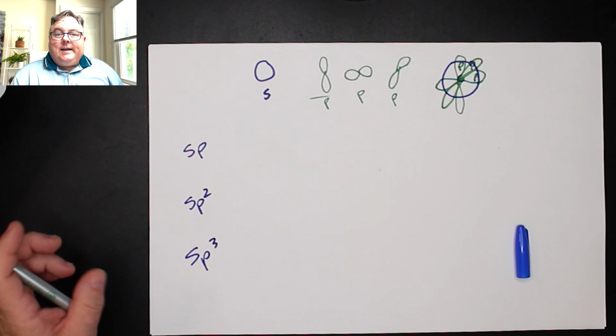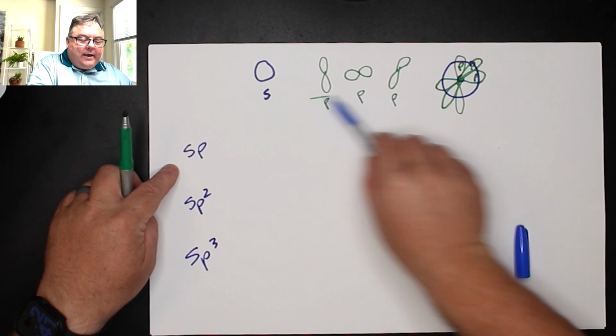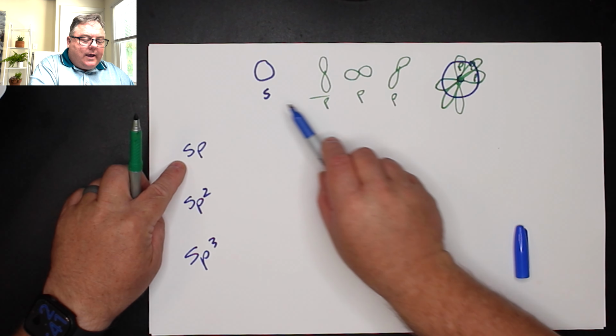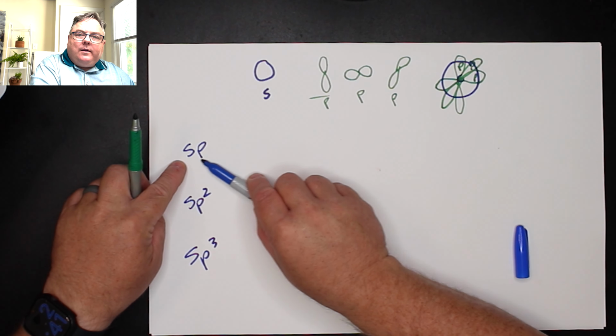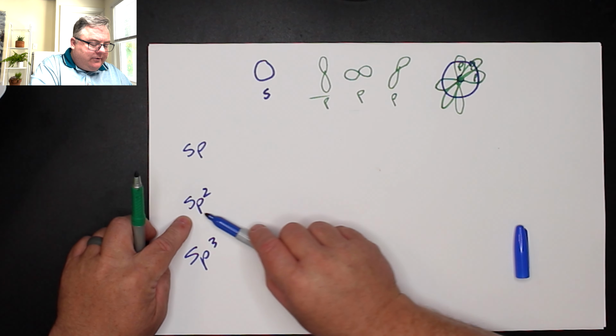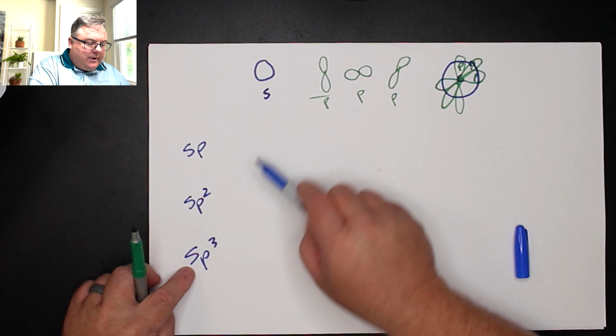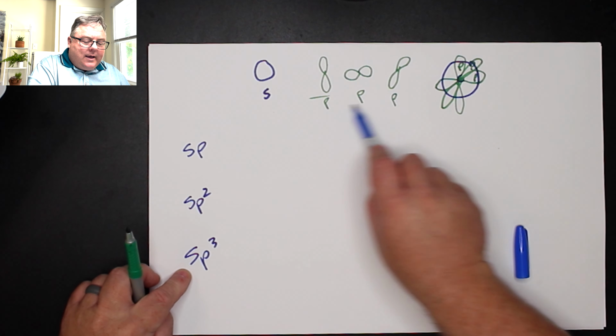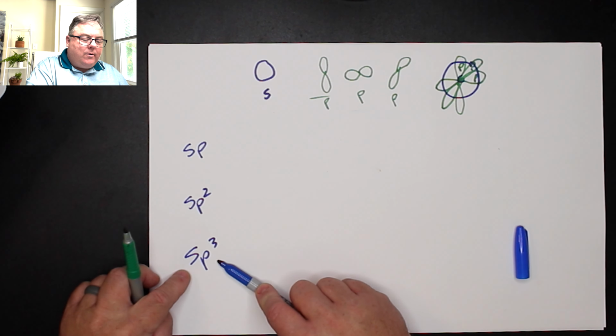And once again, it depends on how many of these s and p orbitals we mix together. So if we mix one s and one p, we get sp hybrid orbitals. If we mix an s with two of the p's, we get sp2 hybrid orbitals. And if we mix the s with all three p's, we make an sp3 hybrid orbital.